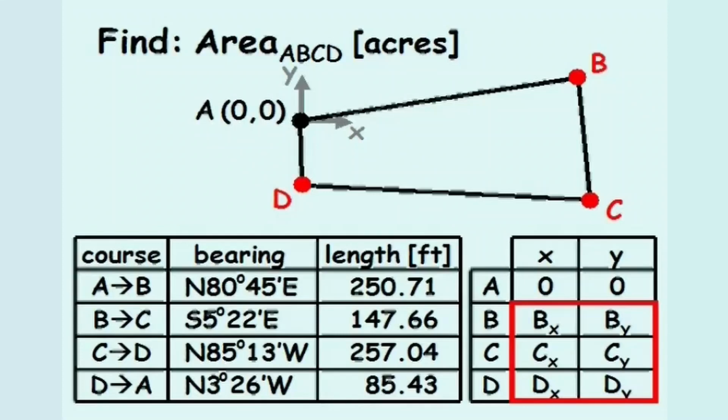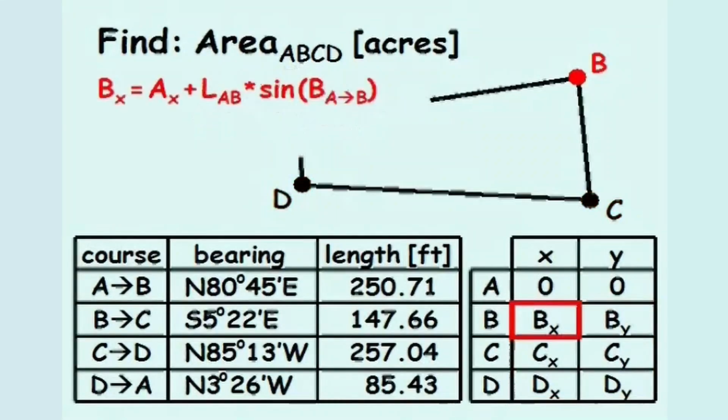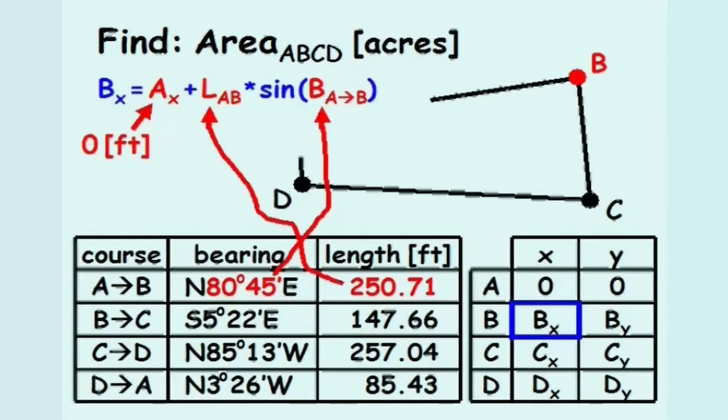From trigonometry, we can equate the x value of point B to the x value of point A plus the length of line segment AB times the sine of the bearing of course AB. If we plug in the x-coordinate of point A, length AB, and the bearing of course AB, the x-coordinate of B equals 247.45 feet.